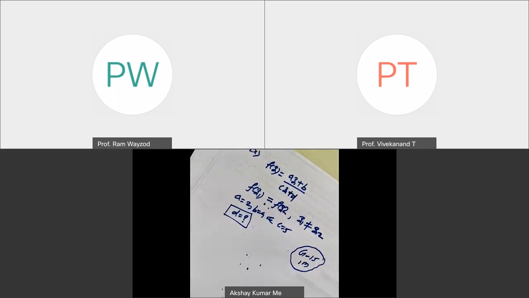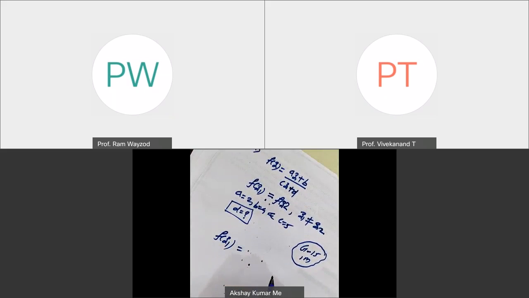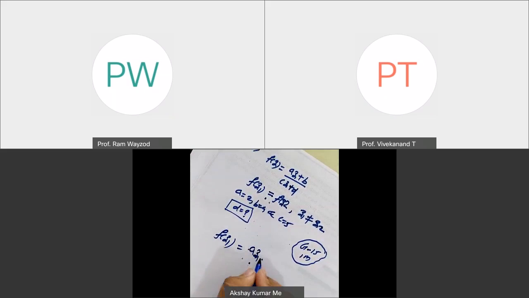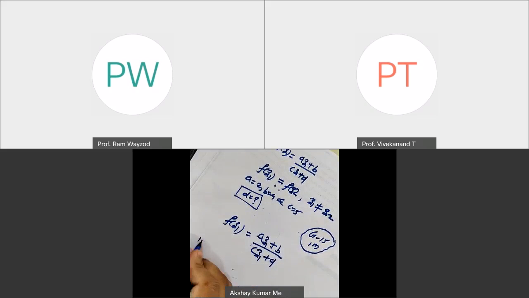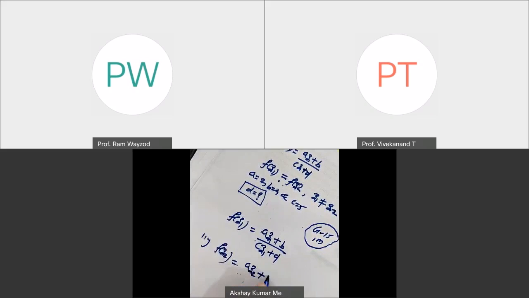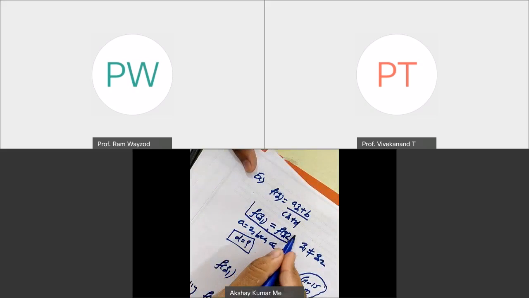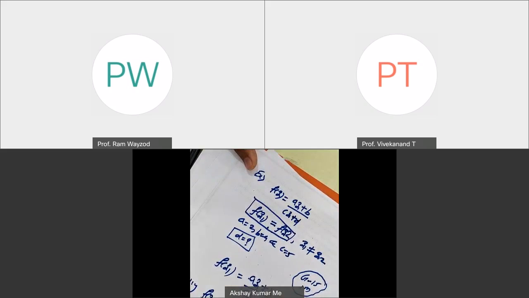So first we write f of z1, remember z1. Wherever there is z, we put z1, so what we get is (a z1 plus b) upon (c z1 plus d). Similarly f of z2 is (a z2 plus b) upon (c z2 plus d), and we have been given that both functions are equal.